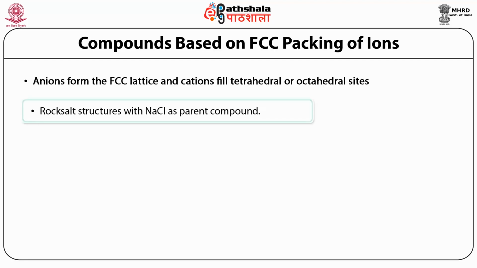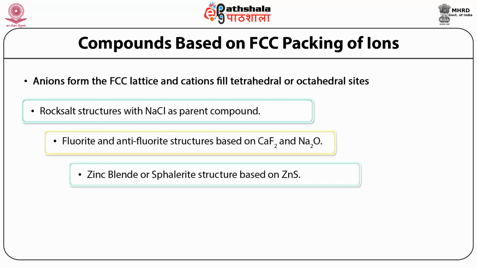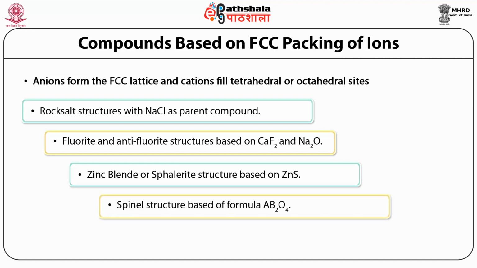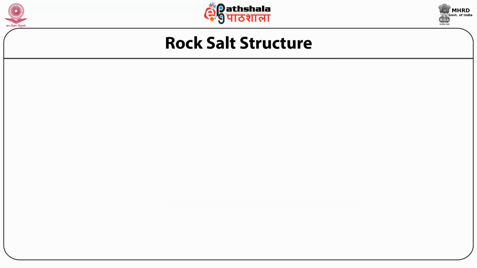First is the rock-salt structure with NaCl as the parent compound. Next is the fluorite and anti-fluorite structure based on CaF2 and Na2O. Next is the spinel structure based on the formula AB2O4.